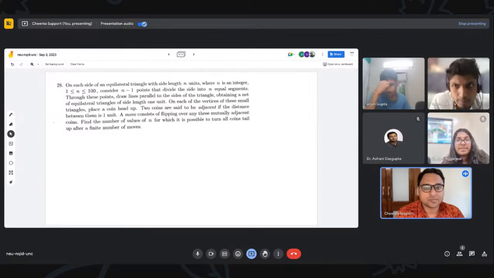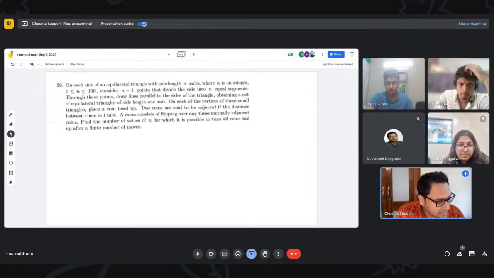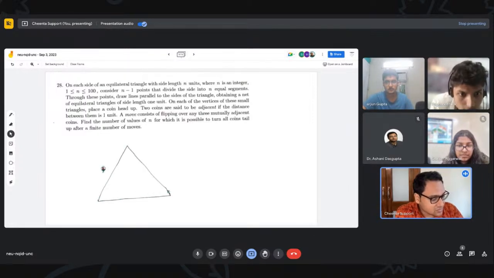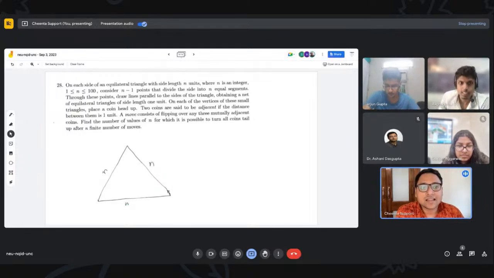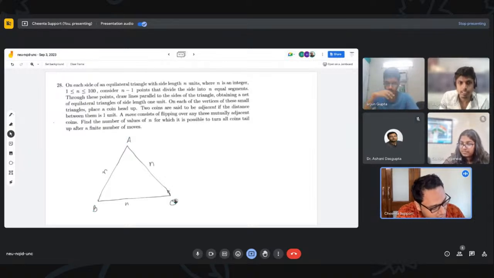On each side of an equilateral triangle with a side of length n units. So if we have an equilateral triangle like this, side length of n units, where n is an integer, consider n minus 1 points that divide the side into n equal segments. So I'll just do it for n equals 4. So we have 3 points which divide it into 4 equal segments.